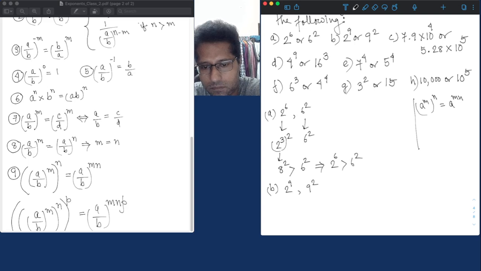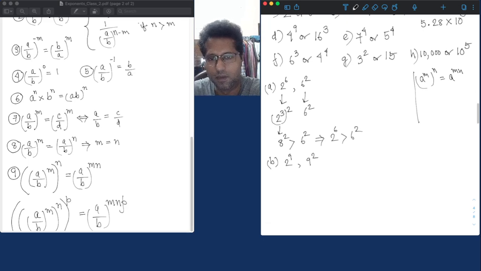So in this case you have to expand it, you have to find the actual value. In some cases of the problem, you won't be able to express the two given exponents to have the same base or same exponent. So in those cases, you have to manually find the value of the exponent, that is by expanding.